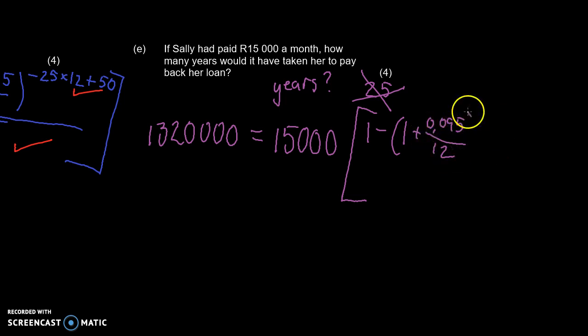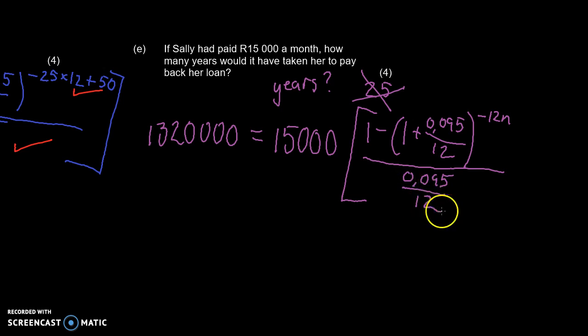Oh, it's so skew. And now we've got negative 12, and it would have been times by 25, but now we don't know what it is. So I'm just going to call it n. And all over 0.095 divided by 12, and close the brackets.